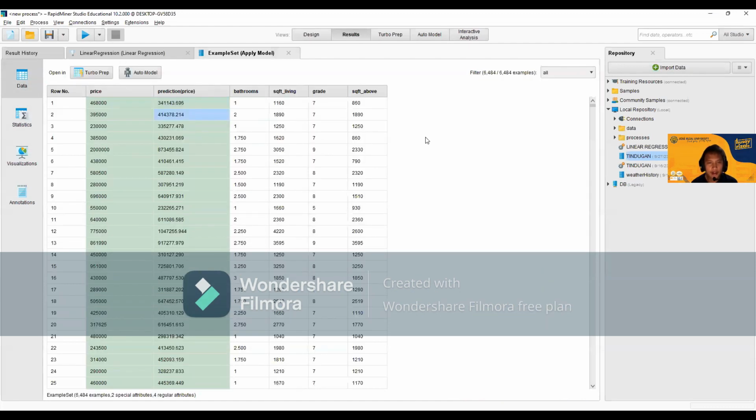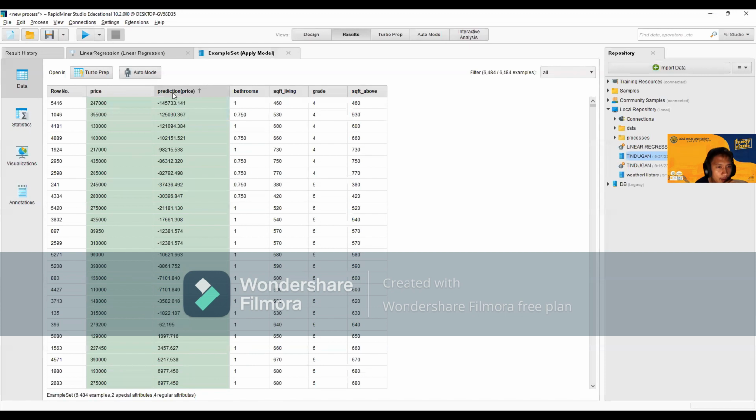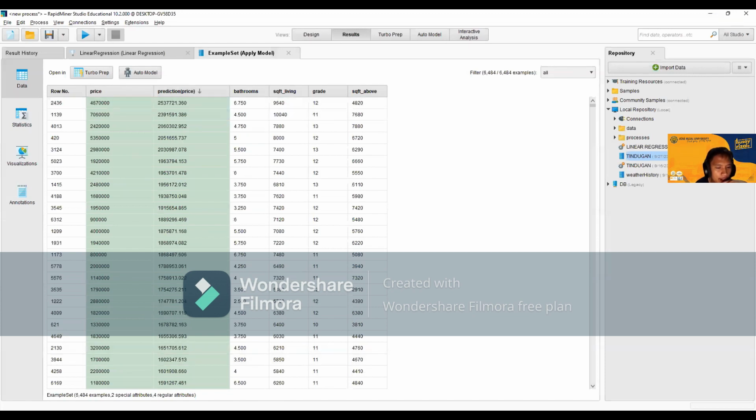For the next, as you can also see, of the 15,000 examples, there are 6,482 examples and two special attributes, because one is for the prediction of the price and the others are regular attributes here.